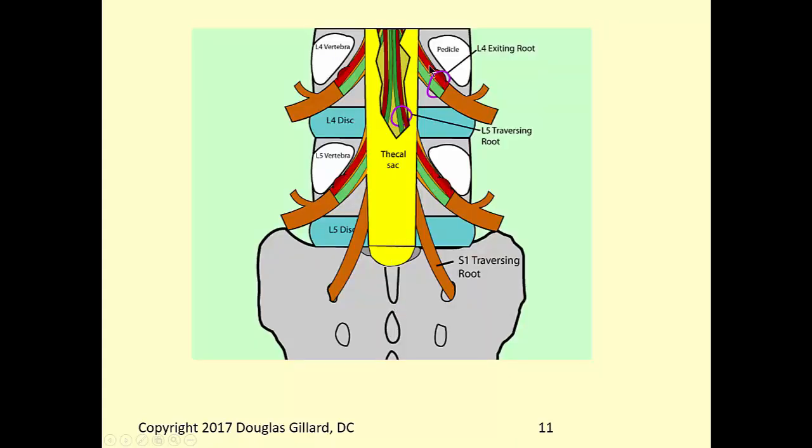Even though it's budded here, it's still called the traversing nerve root until it hits the pedicle and starts wrapping around the pedicle. But for our purposes, you can really go either way with that. We'll call it the exiting nerve root when we see it.